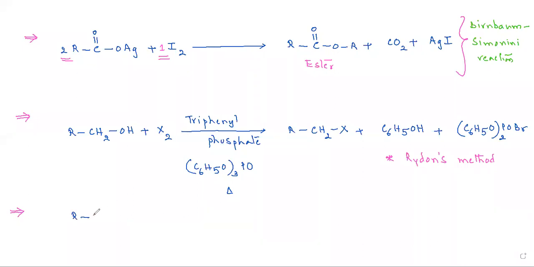We can also take this one from the Grignard reagent plus X2. You will get RX. The other one will be, of course, MgHX. So this is how the alkyl halides can be prepared.